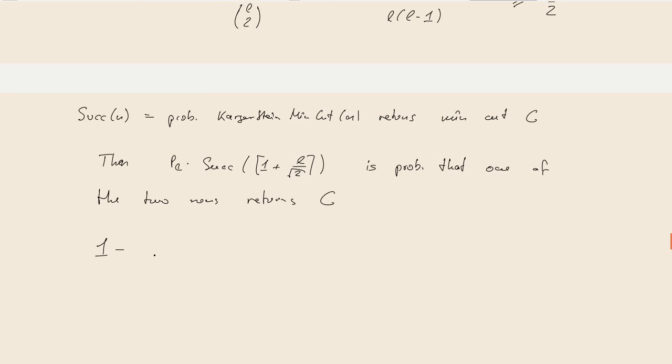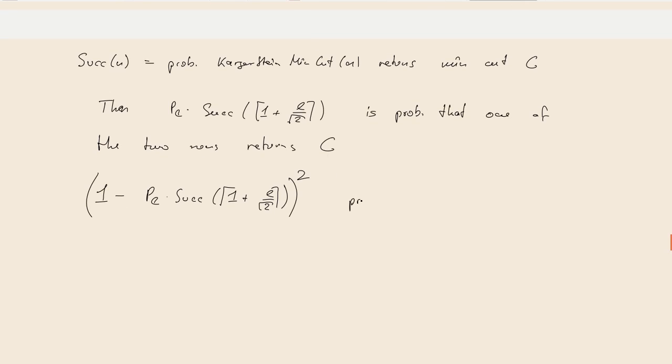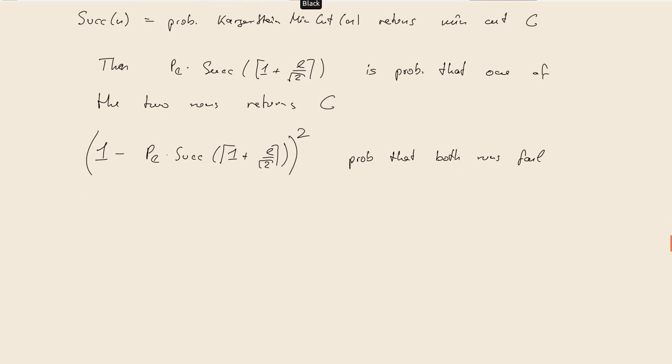So 1 minus this wicked term. That's the probability that one fails. That's the probability that both fail. And by that we essentially get a recurrence for this success.